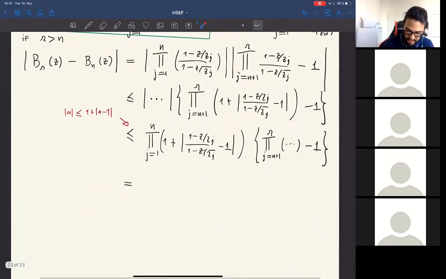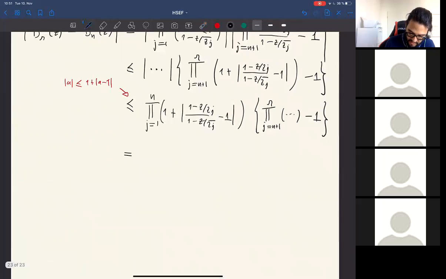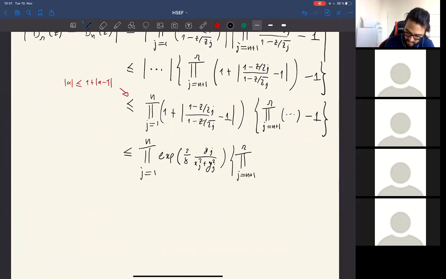Okay, so then I can go back and just say that this is less or equal than the product from j equals 1 to n. And then here will be exponential of 2 over delta, yj divided by xj squared plus yj squared. And then in here, I apply the same bound, j from n plus 1 to r, the exponential of 2 over delta, yj, xj squared plus yj squared, and then minus 1.